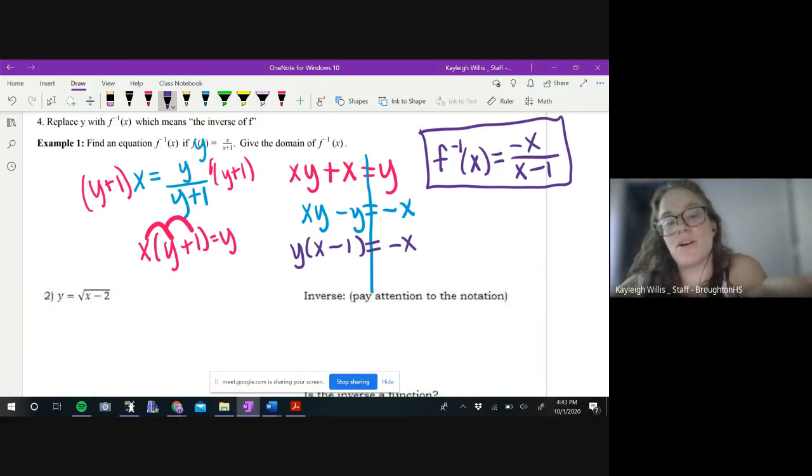The second part says give the domain. So if we think about this, we need to give the domain of the inverse. Well, if we're switching x's and y's, then we're going to be switching the domain and range of the original problem, usually, unless there's some problems, which we're going to talk about.